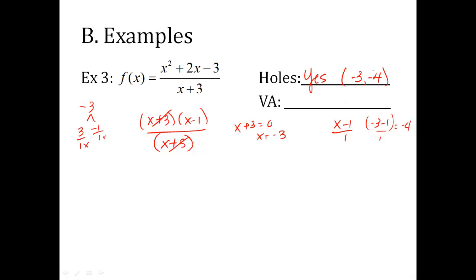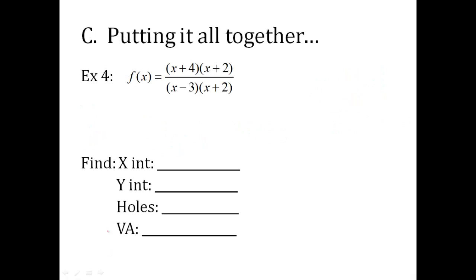Now, vertical asymptote. I don't have any x's in the denominator to solve for x. So I just say none. Putting it all together. Example 4. You'll notice that it's already factored for you. And you should notice pretty quickly that you have an x plus 2 on top, x plus 2 on bottom. That indicates a hole. So I can answer this part yes, and remember the procedure, x plus 2, set that equal to 0.